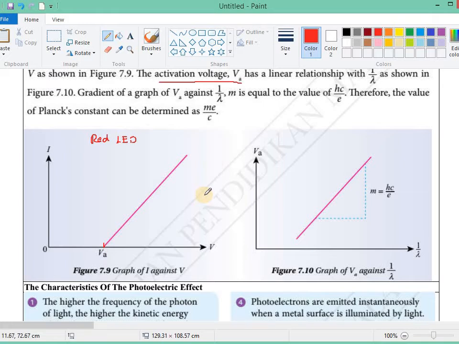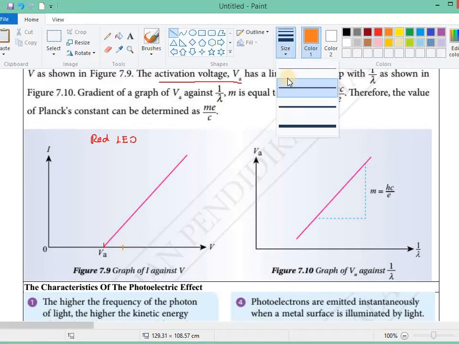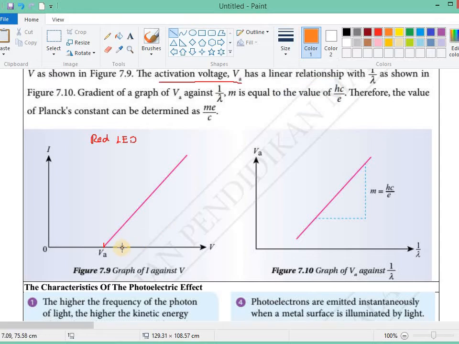And we can find out that when we change the red LED to an LED of a different color, to the orange LED, the activation voltage of the orange LED is higher than the red LED.